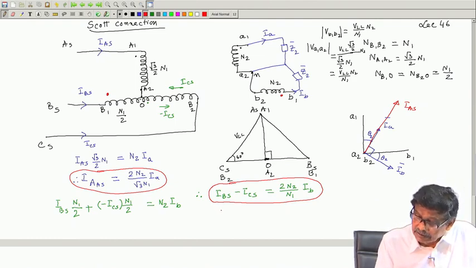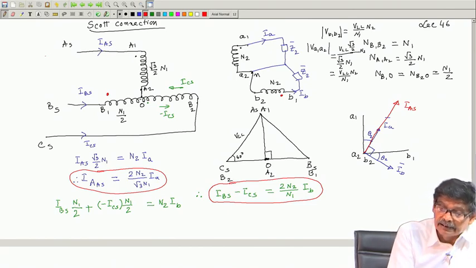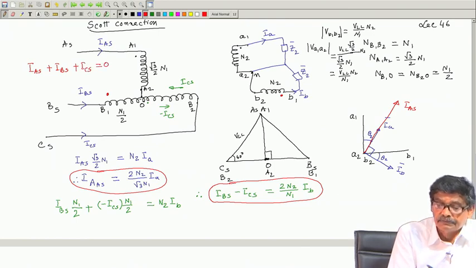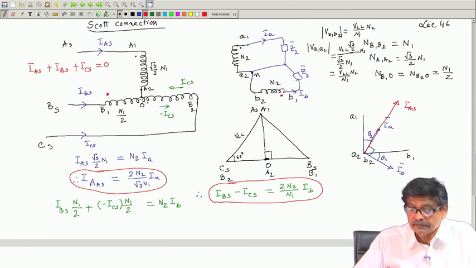What is the other equation? On this side, if you look at it, we know IAS plus IBS plus ICS, these are all, the phasor sum is equal to 0. That is the third equation.